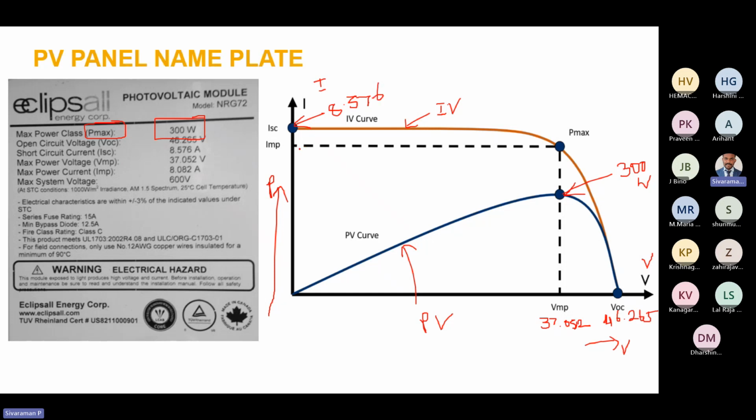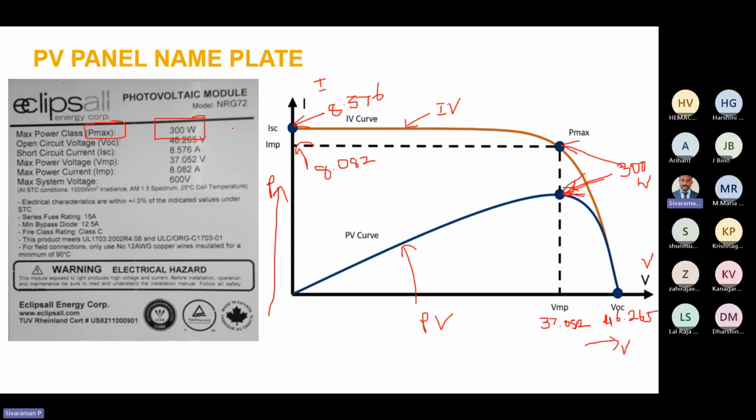The short circuit current ISC is this point, 8.576, and IMP is 8.082. So if you plot the nameplate details into the IV curve and PV curve, this is the Pmax point.